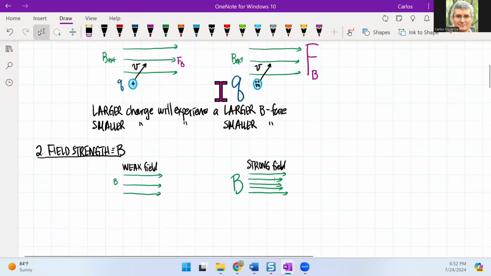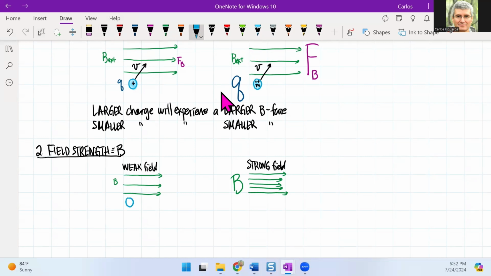So then I have to keep everything else the same. If I have a charge here, I have to have the exact same charge here so that I only focus on the magnetic field. So each of these charges are the same, and I'm going to have the same velocity as I move into the field. So this charge is the same, that charge is the same.